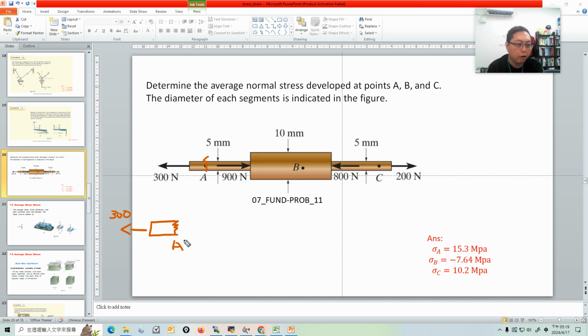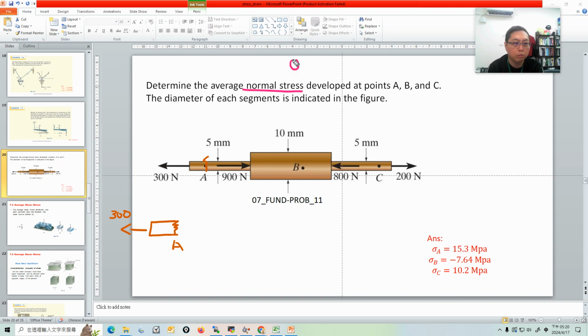So I cut a section here, and previously with internal force calculation, we said that in this cut section we will have the normal force, shear force, and bending moment. For this problem, we only have to consider the normal force, because you want to calculate the normal stress on each section.